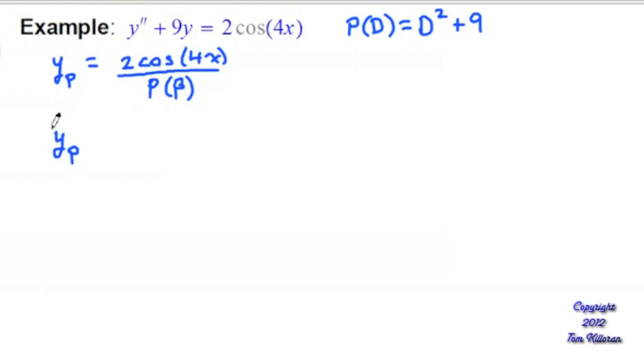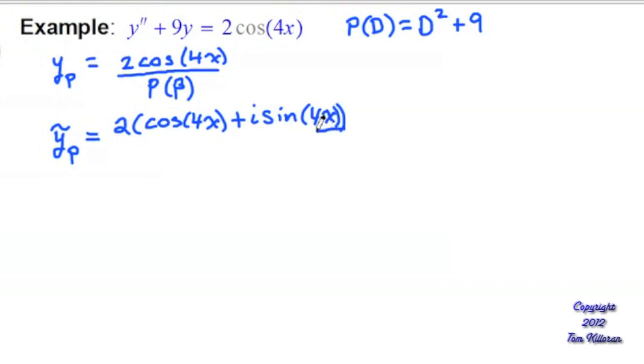So when I write this, I'm going to split it apart, and it's not exactly equal to yp, so I'm going to designate it a little differently, with a tilde, a hat, whatever you want. Then I'm going to rewrite the cosine as the sum of a complex term with the i in it. So I'm going to have this i sine of 4x included with it, and then of course this is all divided by p of beta.